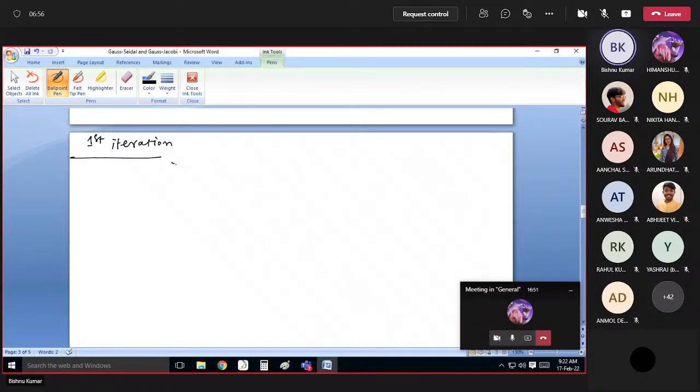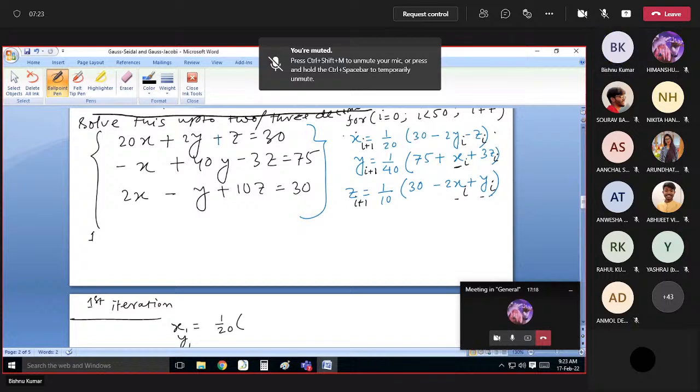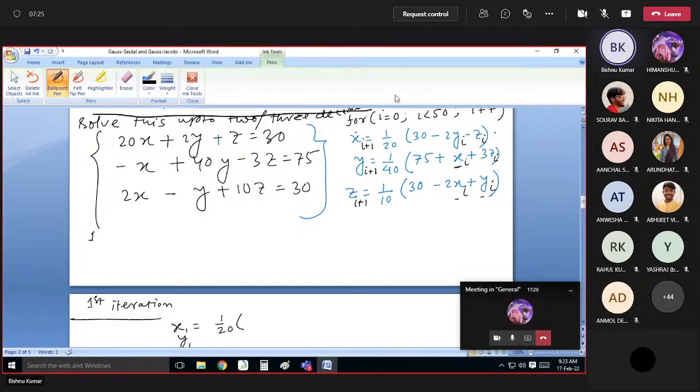In the first iteration, you will get x1, y1, z1. How will I get that x, y and z? 1 by 20, that is x1, y1, z1. These are the values of x, y, z in the first iteration. Follow? What was the formula? (30 minus 2 y0 minus z0).